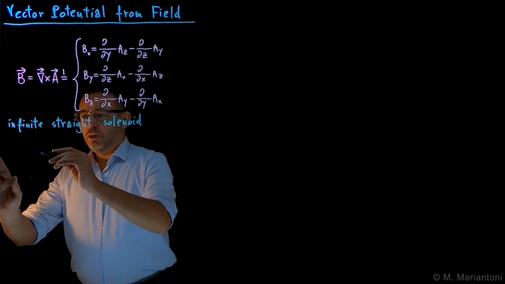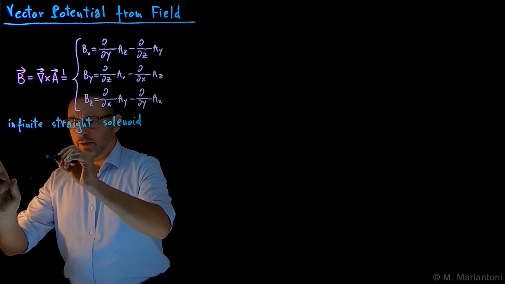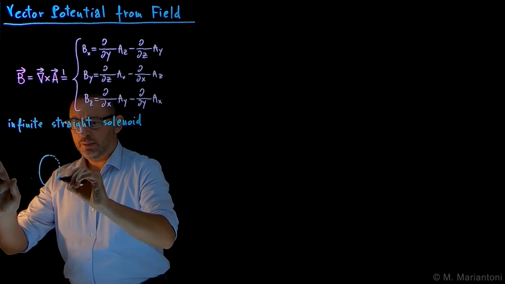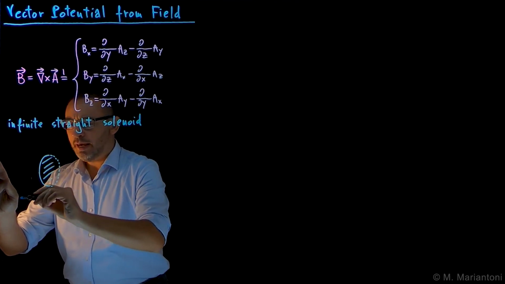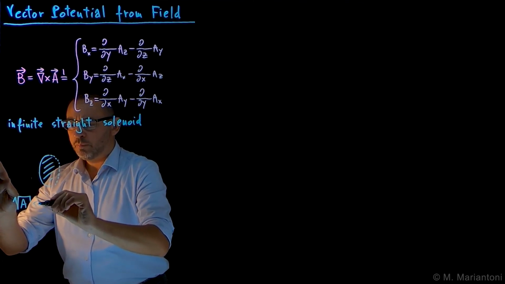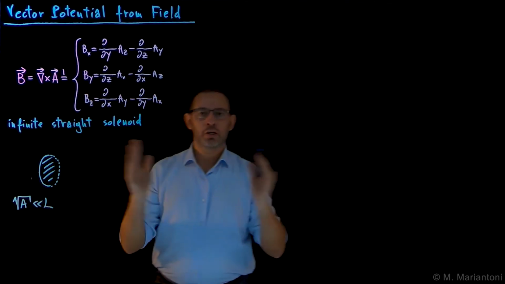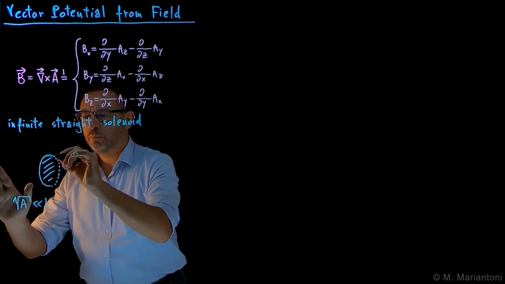And so in this case, the core is an infinite core, and it is characterized by this cross-sectional area, and this cross-sectional area is such that the square root of A is much smaller than the overall length of this solenoid. That's why the infinite straight solenoid approximation is valid.